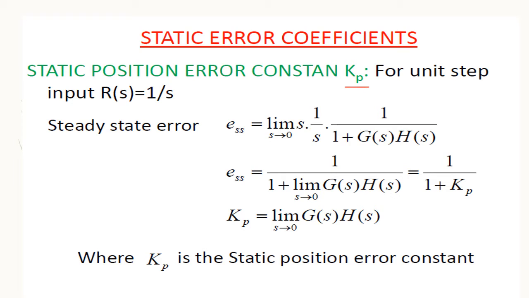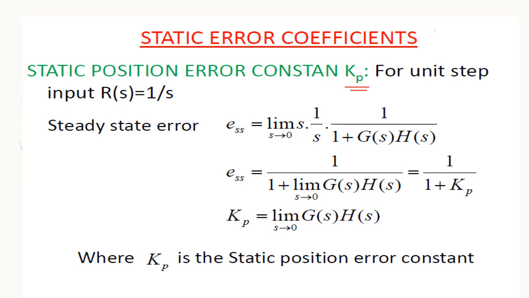Kp we got from the position function, Kv is the velocity function, and Ka is the acceleration function. The test signal used for Kp is a step signal, for Kv it is a ramp signal, and for Ka it is a parabolic signal.